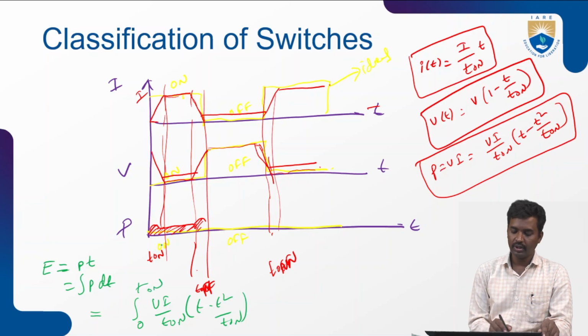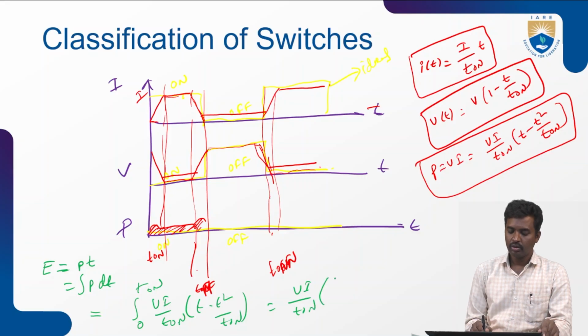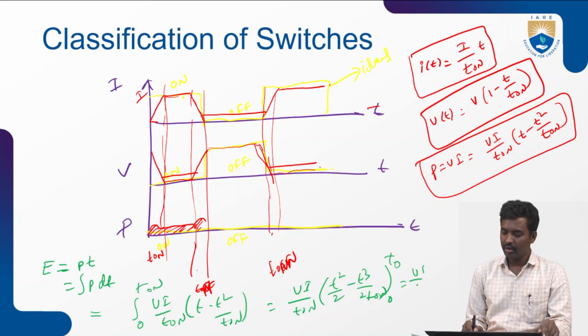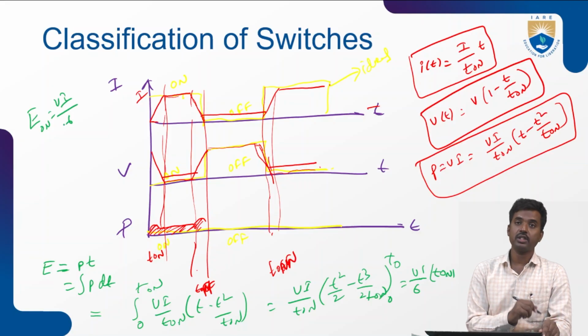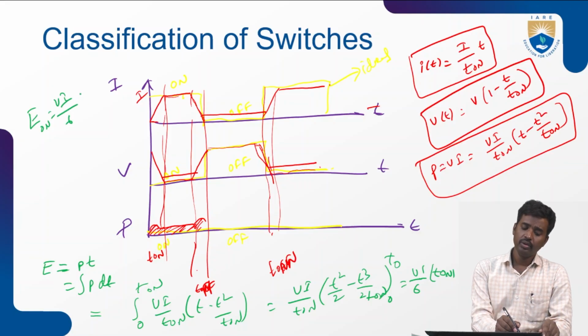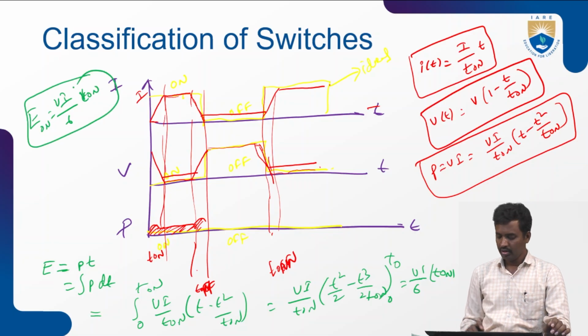This is T on during the turn on condition. So now V I by T on, T square by 2 minus T cube by 3 T on. Here if you substitute, 0 to T on gets cancelled. So now V I by 6. So that is T on. This is the energy during the on condition, V I by 6 into T on.